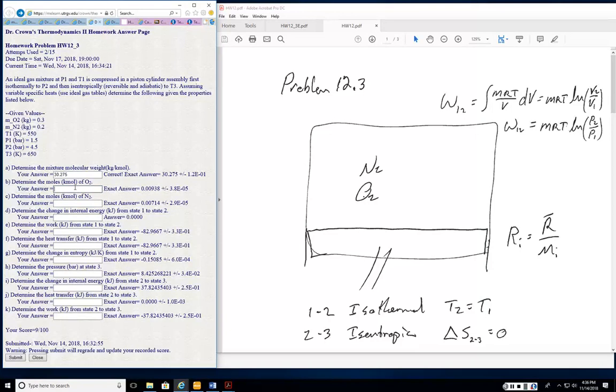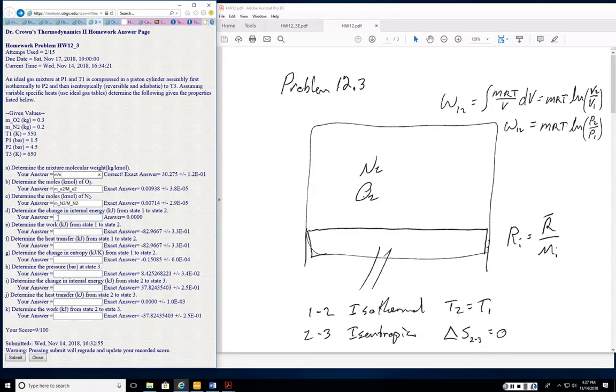Again, this is just M of O2 divided by molecular weight of O2. That will give me the moles, and M of N2 divided by molecular weight of N2. And then finally, this is just M total, the sum of the two, divided by N total.